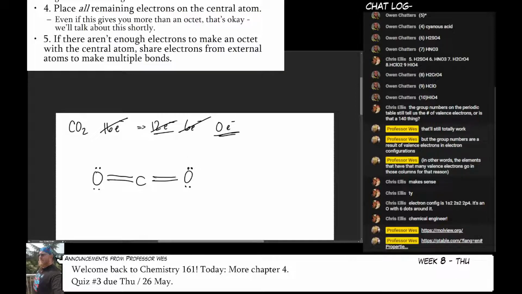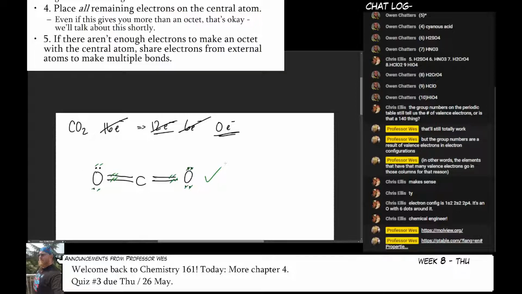And do that. So now everything has an octet. Because I've got electron, electron, pair, pair, electron, electron. So that's 8. Electron, electron, electron, electron, pair, pair. So that's 8. And then 2, 4, 6, 8 for the electrons around carbon. They're all tied up in bonds, but everything has an octet. So there's our structure.